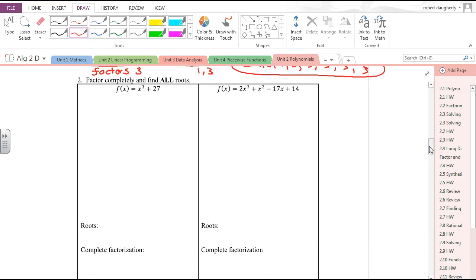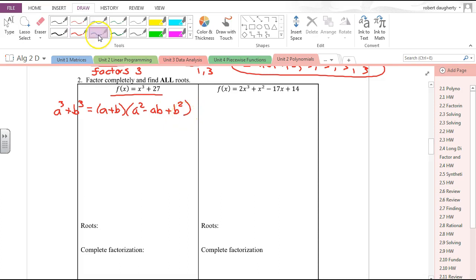Factor completely and find all roots. The first one you see here, this is not a trick question. This is the sum of cubes. Remember, a cubed plus b cubed is a plus b times a squared minus ab plus b squared.